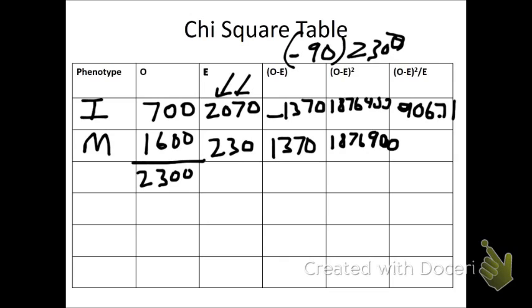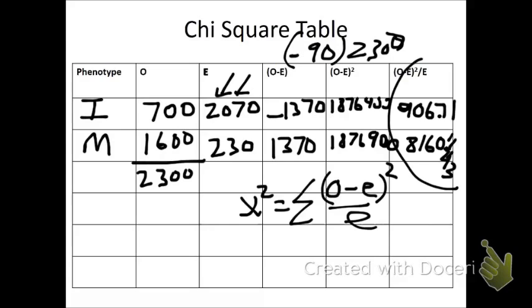We'll do the same thing for the mitosis, 1,876,900 divided by 230, and that gives us 8,160.4. All right, so once we add up that final column, we get a chi-square statistic of 9,067. I'm going to round it off to the tenth place, 0.1.